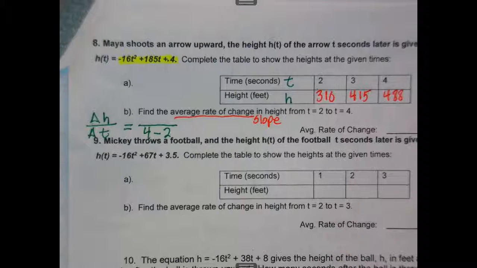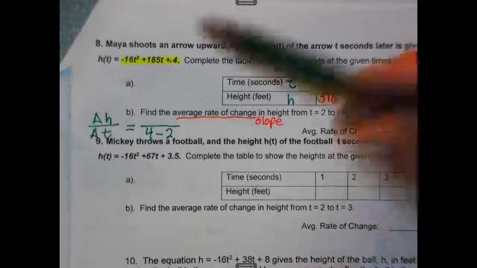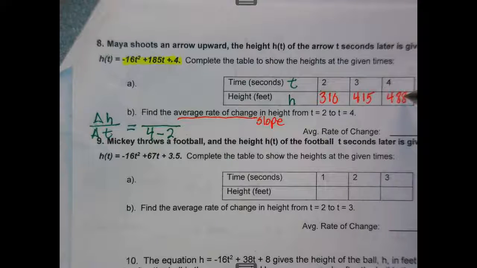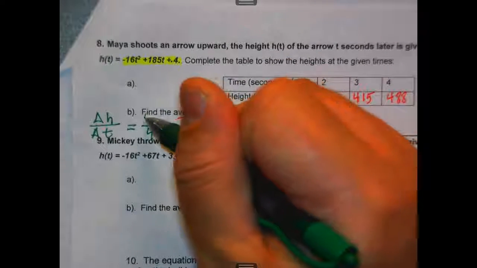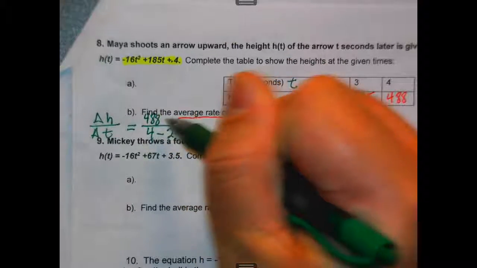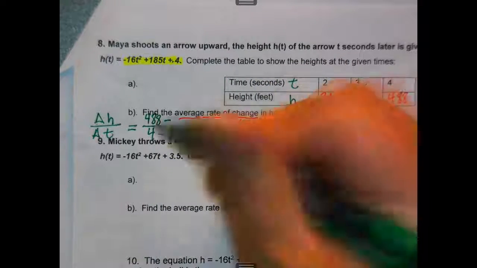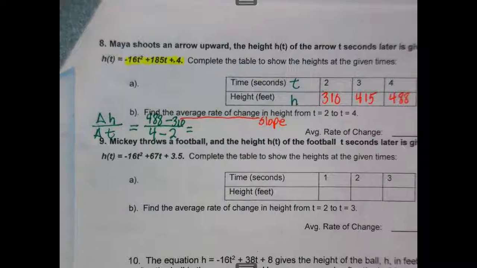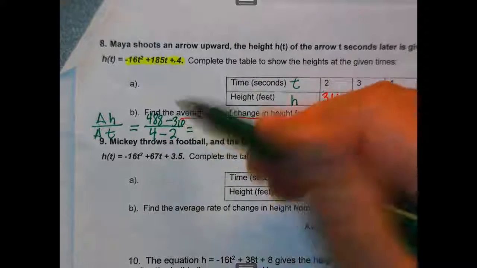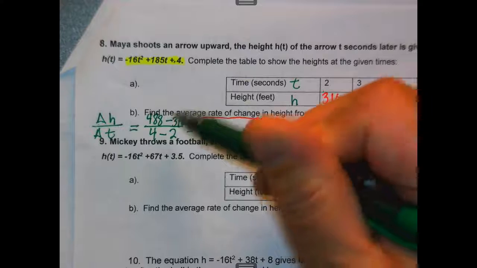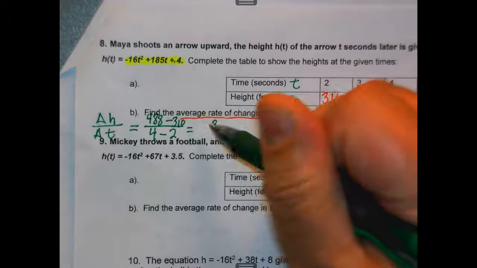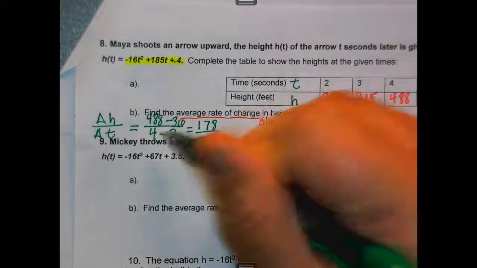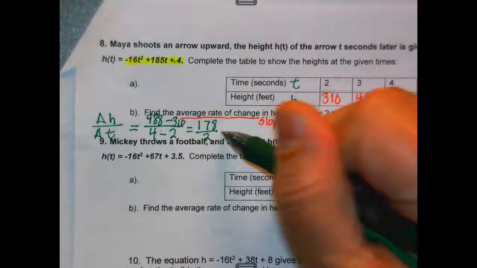All right. My H or Y, my 4 is 488 minus 310. Let's see. 0 minus 8 is 8. 8 minus 1 is 7. 4 minus 3 is 1. 4 minus 2 is 2.